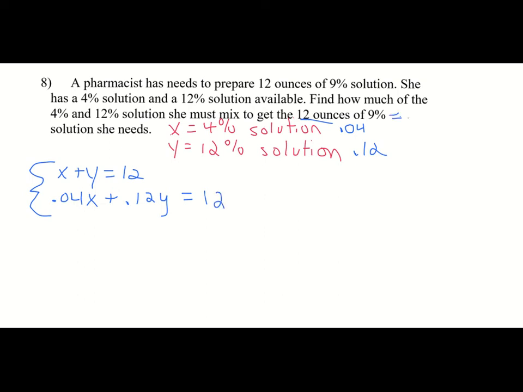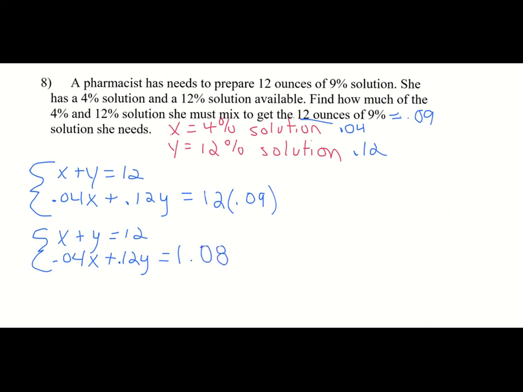So that 9% is 0.09. So we're going to do 12 times 0.09. And that is going to leave us with our equation of x plus y equals 12, 0.04x plus 0.12y equals, and we would do 12 times 0.09, so we get 1.08.